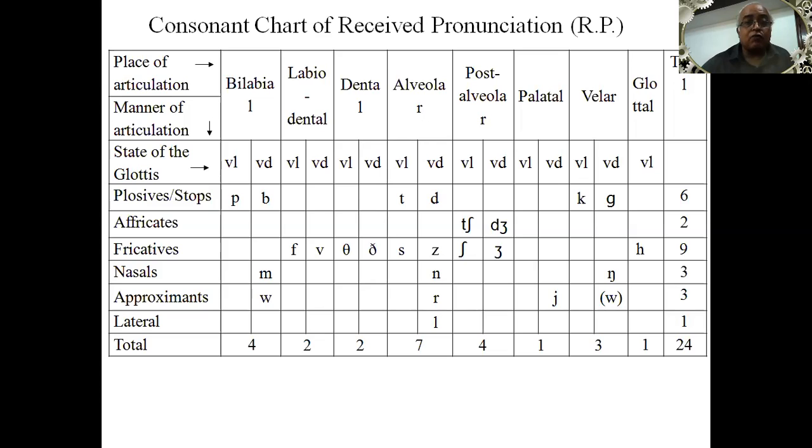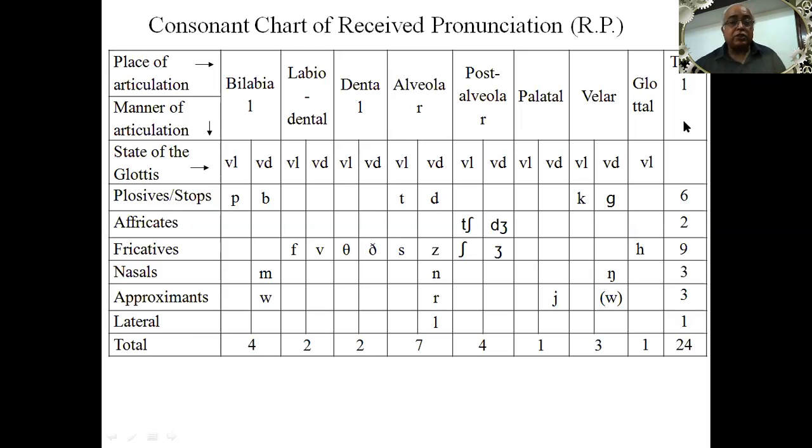The place of articulation is alveolar. That is, the tip of the tongue touches the alveolar or the teeth ridge, and the manner of articulation is lateral. The tongue is laterally placed and the air passes through from both the sides. See, we've got now one lateral.